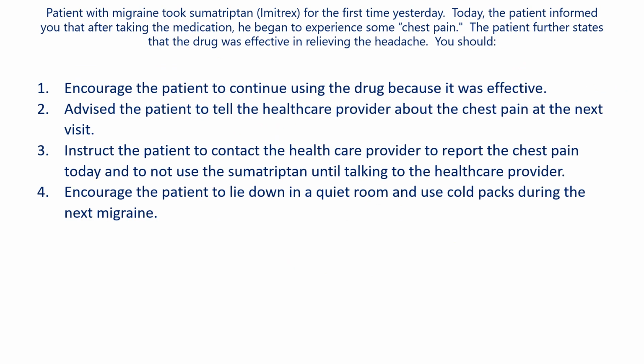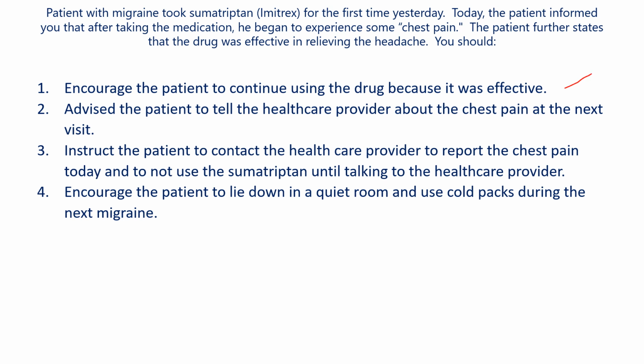All right, let's see if you are still awake or not. A patient with migraine headaches took sumatriptan, Imitrex, for the first time yesterday. Today he is telling you that after taking the medication, he began to experience some chest pain. The patient further states that the drug was effective in relieving the headache, and you should, number one, encourage the patient to continue using the drug because it was effective.